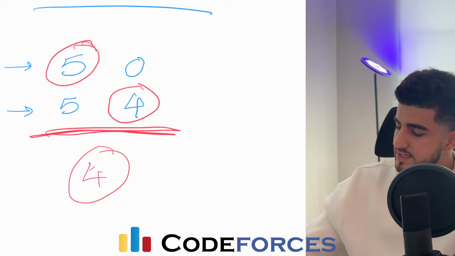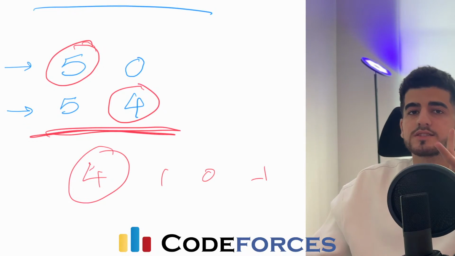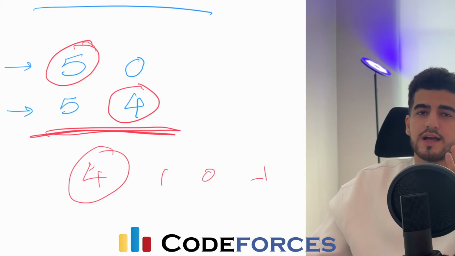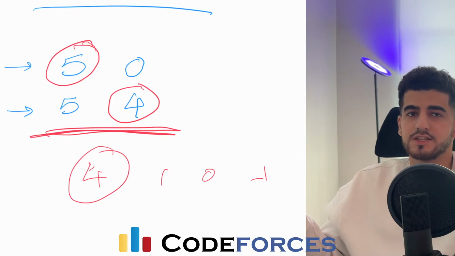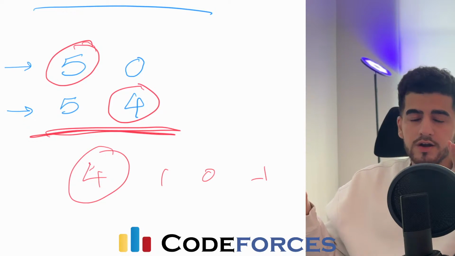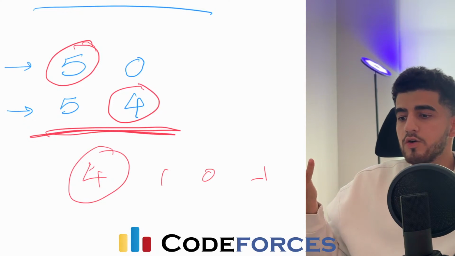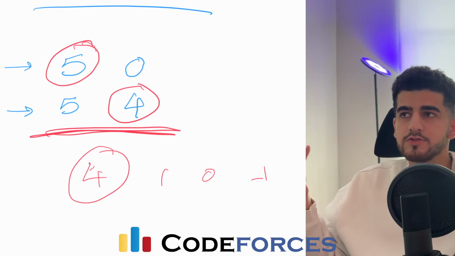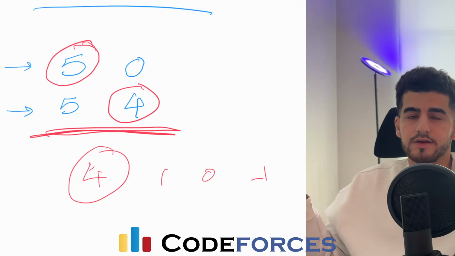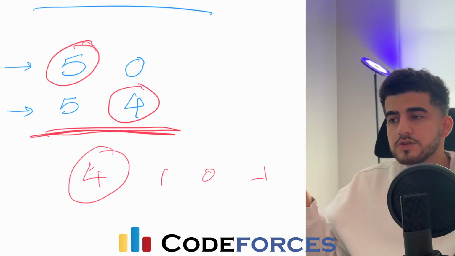But because they are 1, 0 and -1, their signs are different. 0 is neutral, and -1 and 1 have different signs. So it's like you are either giving benefit to some movie, or you are harming the other movie, or you're neutral about the other movie. If you choose the other movie, it won't be better.